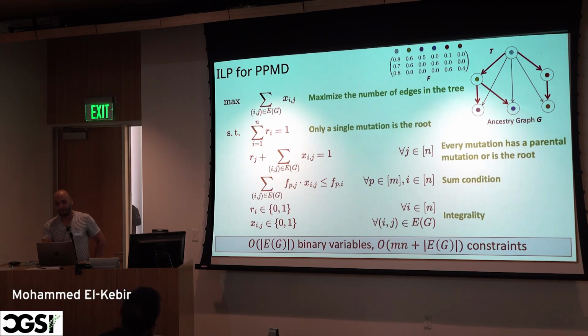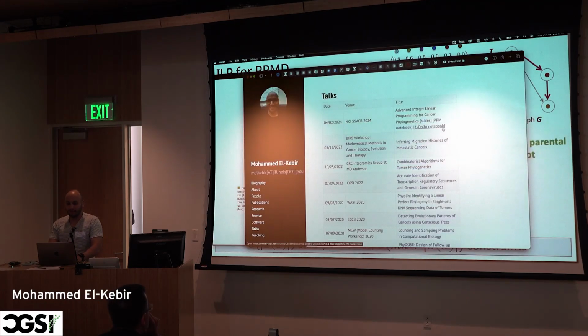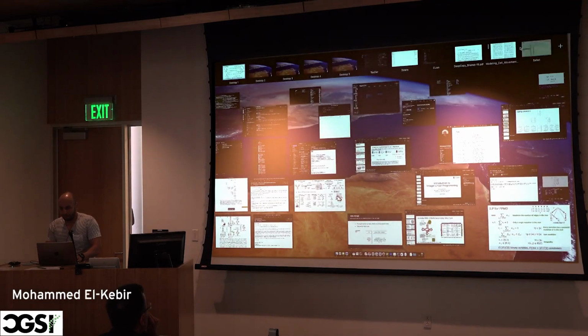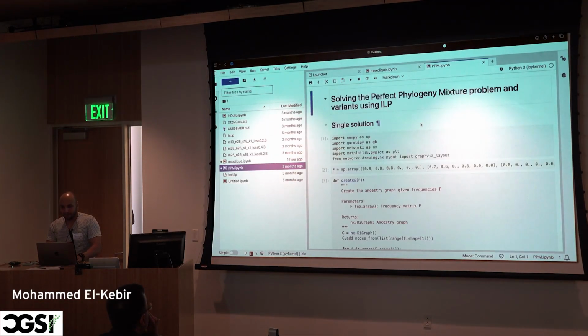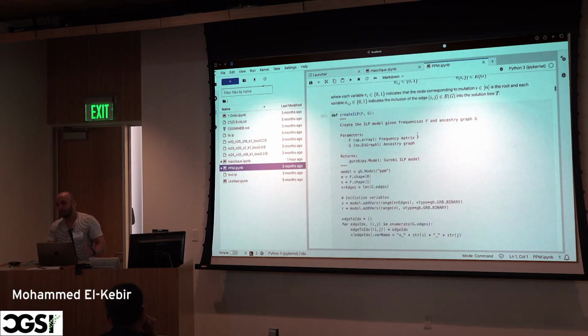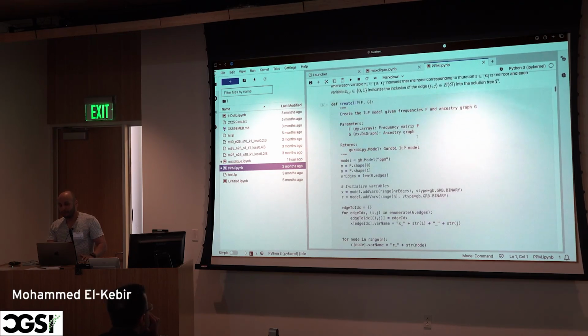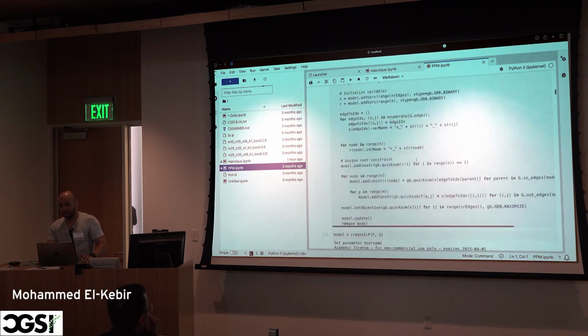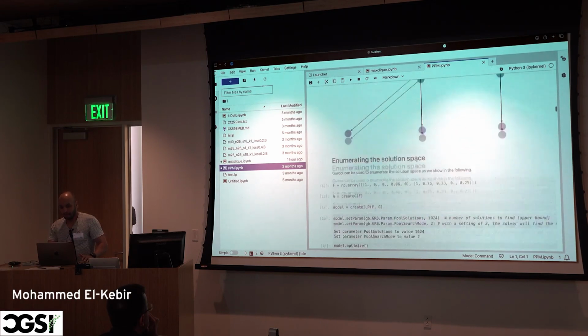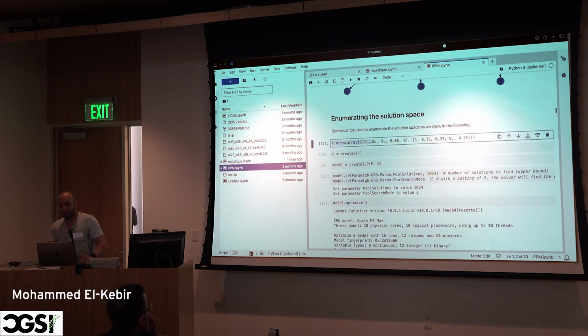So when you write this down, this is the number of binary variables and the number of constraints. And you can actually take this ILP, and I have examples of it over here, and just give this to Gurobi. And the cool thing that you can also do with Gurobi is you can use it to enumerate the solution space.